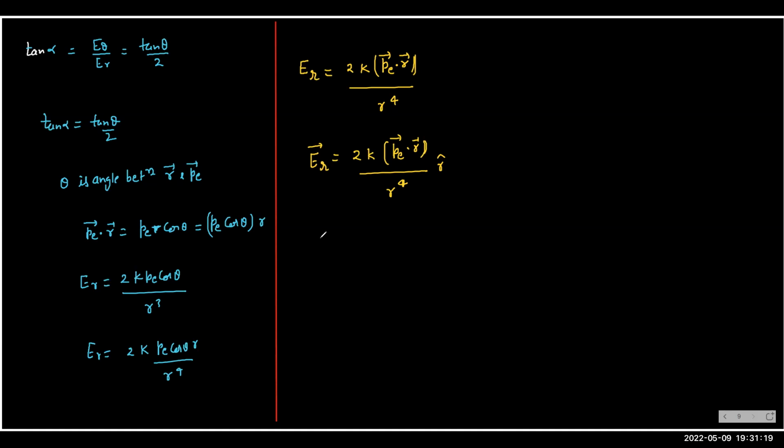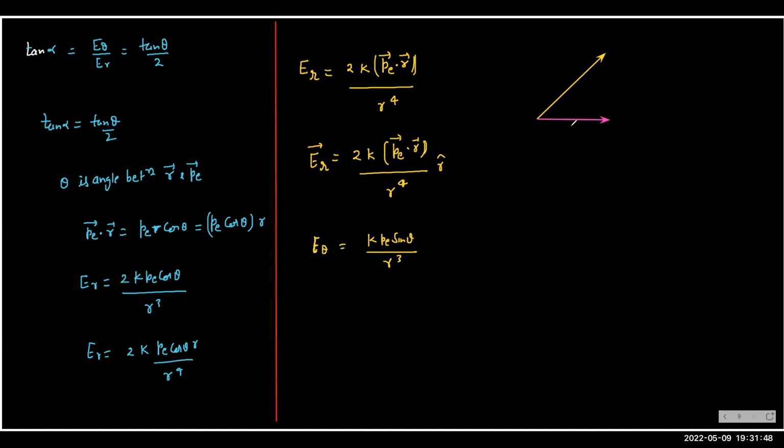Now, similarly, if I want to write E theta in vector form, so first of all, E theta is how much? So E theta is kp sin theta by r cube. So here we have to be a bit smart. To solve this, we have to go back to the vector notation.